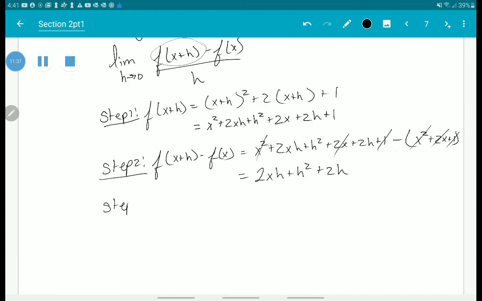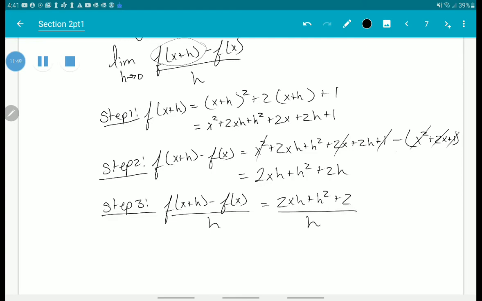Step 3 of the difference quotient is to take what you just found and then divide by h. So we're going to have 2xh plus h squared plus 2h, divided by h. Now notice every term in the top, we could factor an h out. And if you notice, those h's are going to cancel.